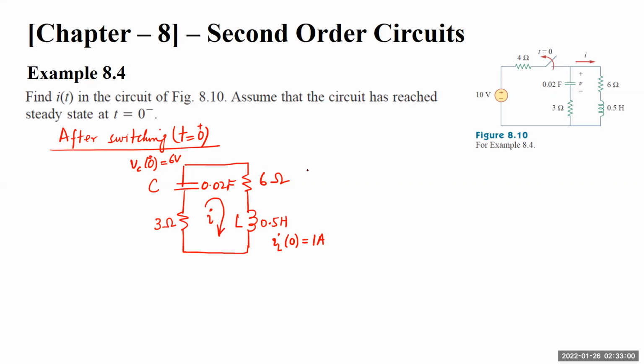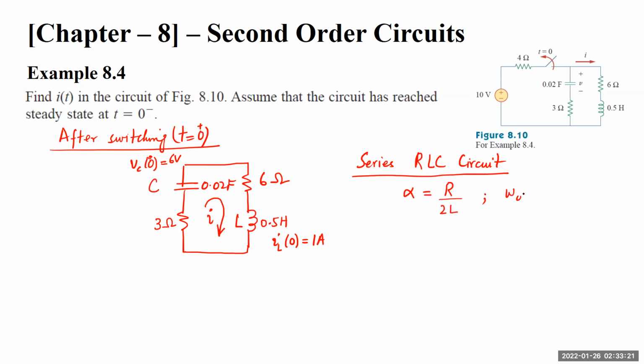So remember, this is a series RLC circuit. For a series RLC circuit, we have to find out alpha, and alpha is R by 2L.